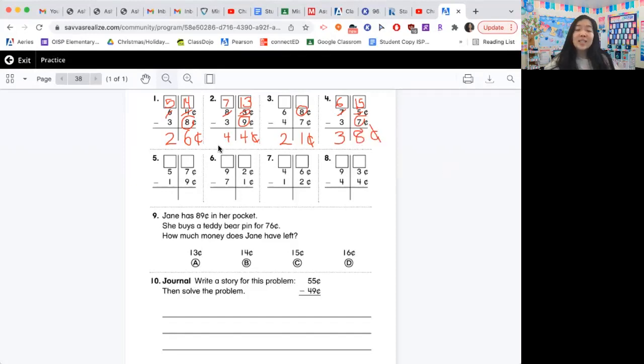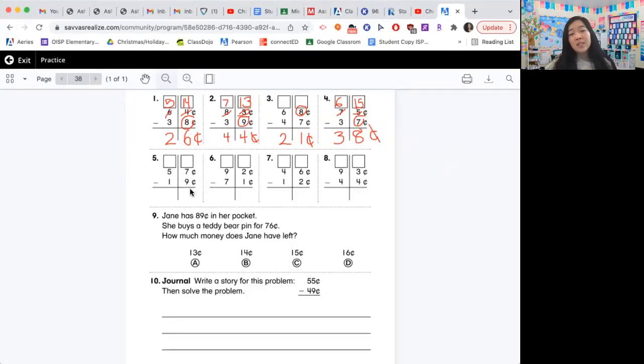All right, Nicholas, number 5. 57 cents minus 19 cents. 9 is bigger than 7. More on the floor. Go next door and get 10 more. What is 17 minus 9? Well, I know that 17 minus 10 would equal 7.